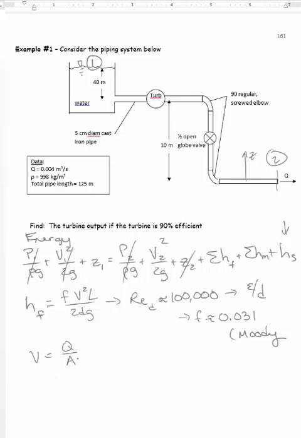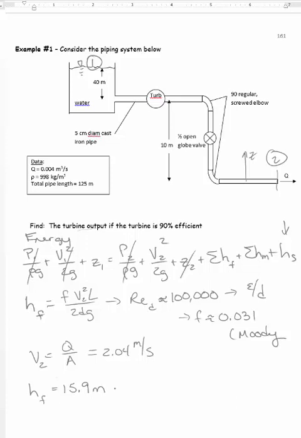In this case, throughout this whole area where we're going to have frictional head losses, we have a constant V because we had a constant D. Okay, and it is just going to be Q over the area using this diameter of 5 centimeters. Okay, and if I do that, I am going to get V2 equals the V that we're going to use in here for our HF, and that comes out to 2.04 meters per second. Okay, so with all that, we're going to get HF equals 15.9 meters.